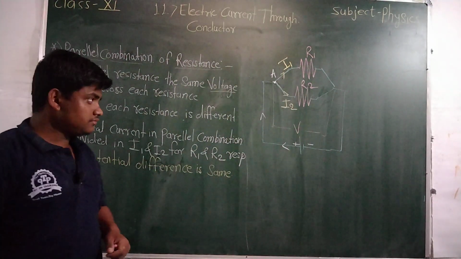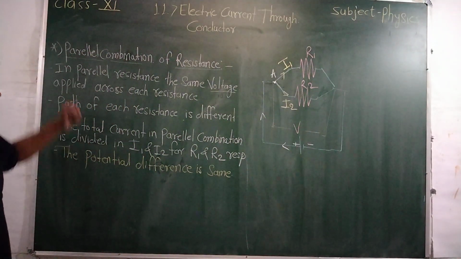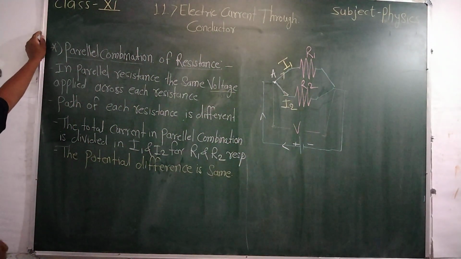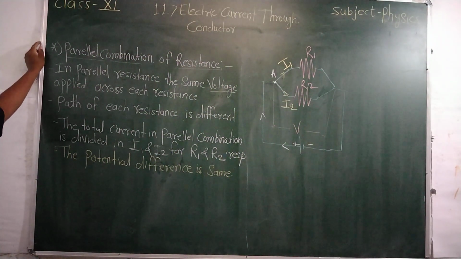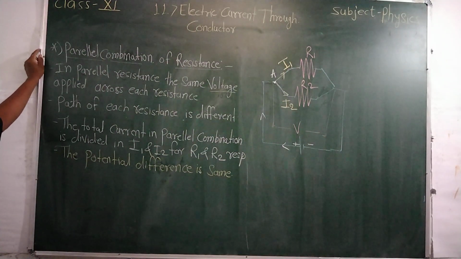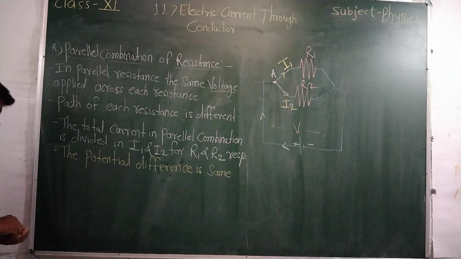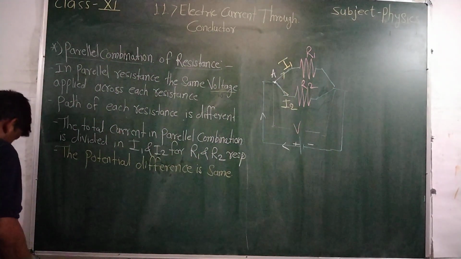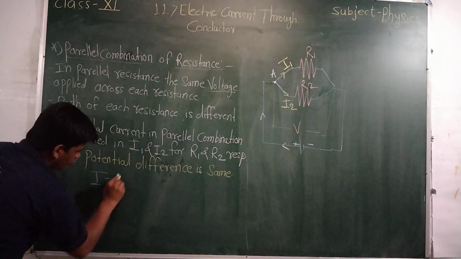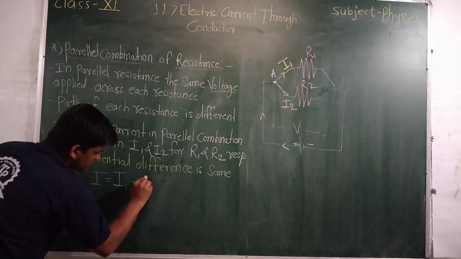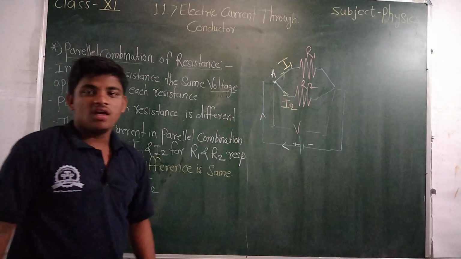According to Ohm's law, I will use Ohm's equations to calculate the equivalent resistance for the parallel combination of resistors. The total current in the circuit, I, is equal to I1 plus I2.